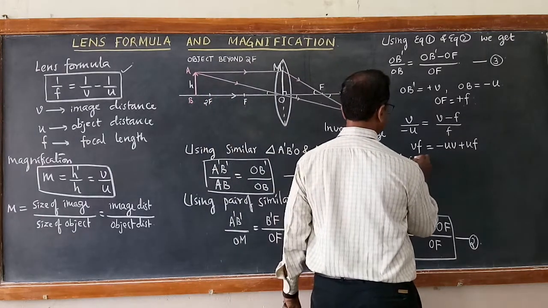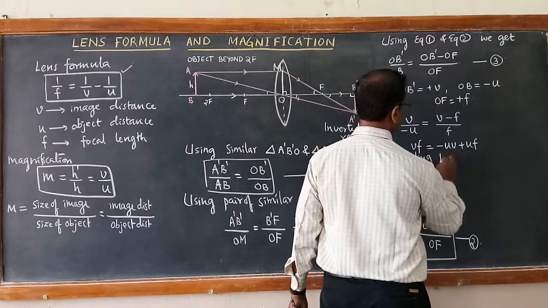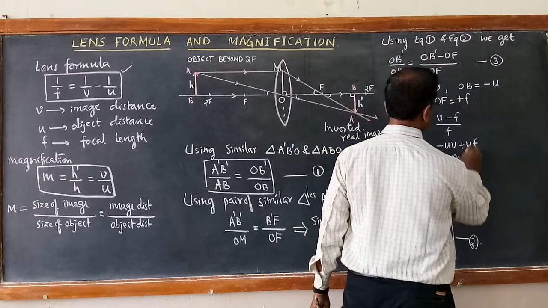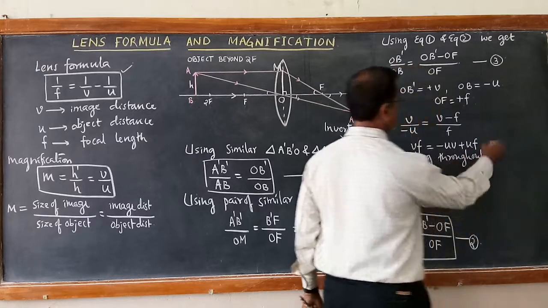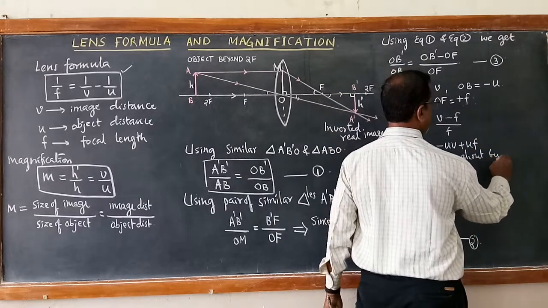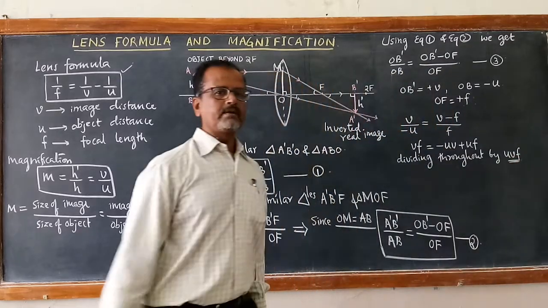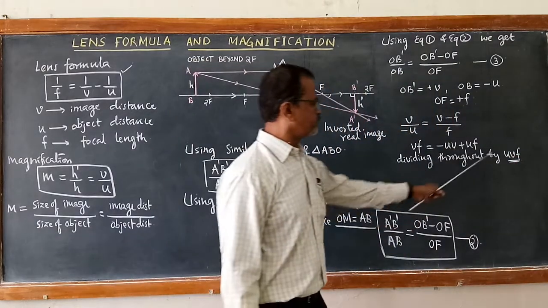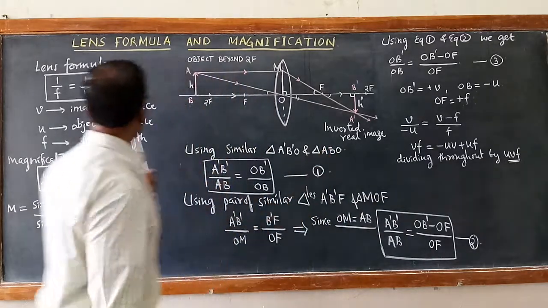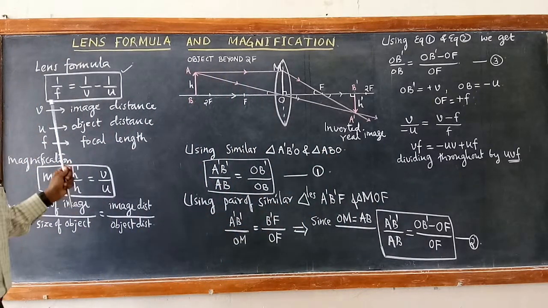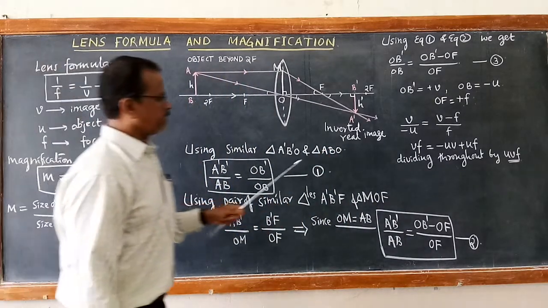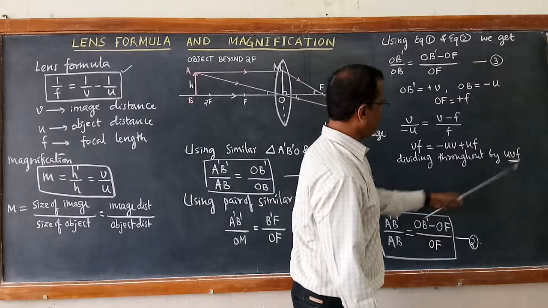Dividing throughout the equation by UVF. Again, boys will ask me, why do we divide? So if we divide, we get the required lens formula. Simple lens formula. Okay.